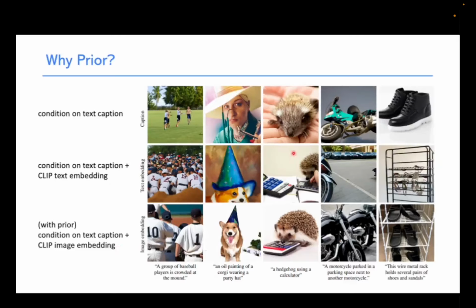We can see that conditioning on the text caption and CLIP text embedding, the results still make sense. But the authors found that if we use the prior, we can generate better results and more diverse images. That's why the authors think we should use the diffusion prior.